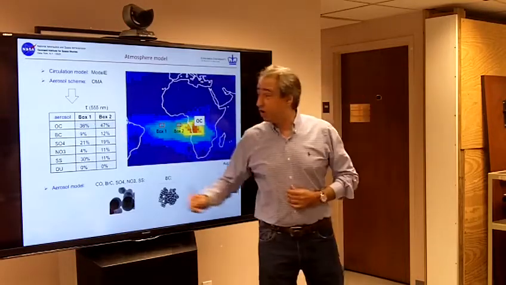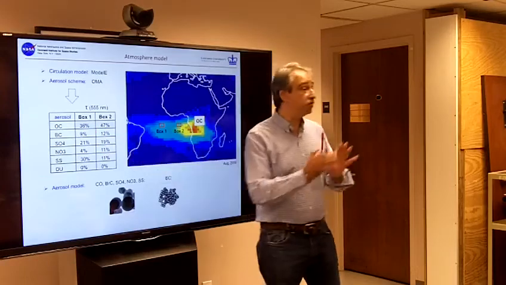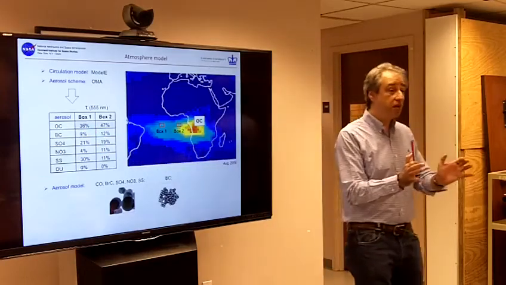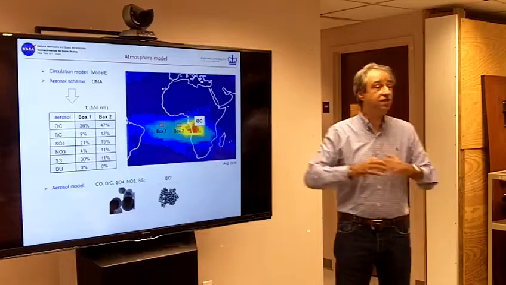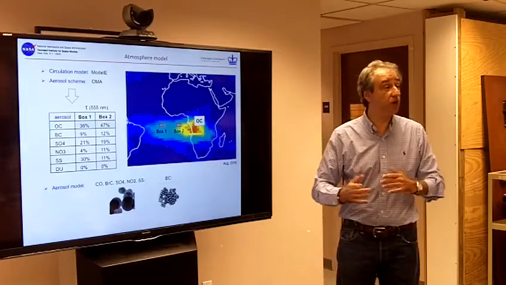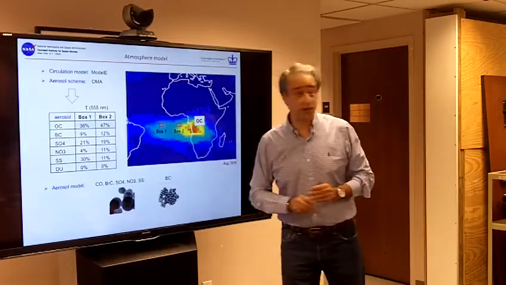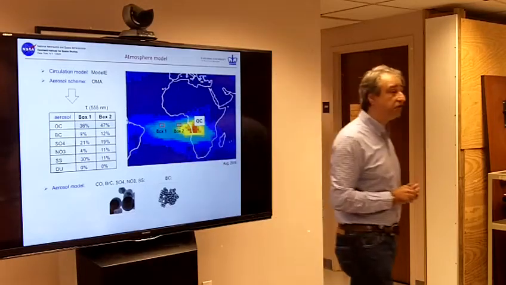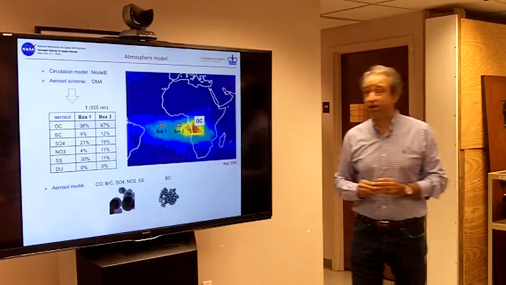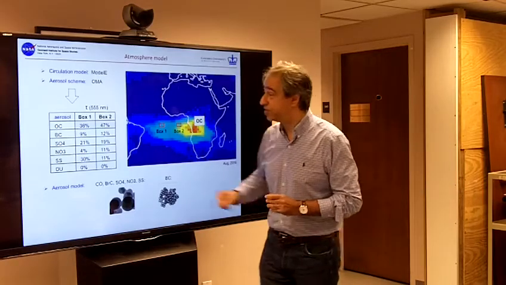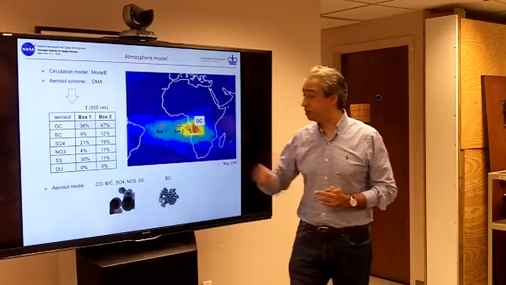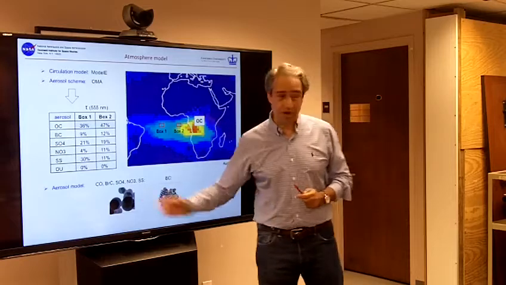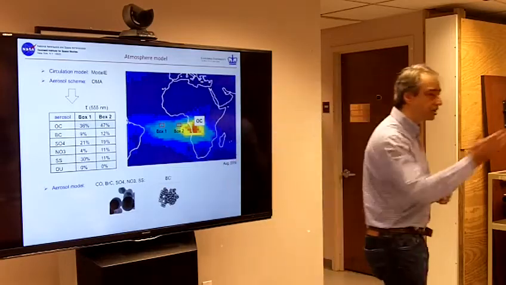And of course, of this amount, I have two scenarios. 10% will be converted into brown carbon and 70% will be converted into brown carbon. And similarly for this box. The ModelE results show further that sulfates and sea salt are the second largest contributors to the optical thickness in these two boxes. And so for my aerosol simulations, yes, go ahead.